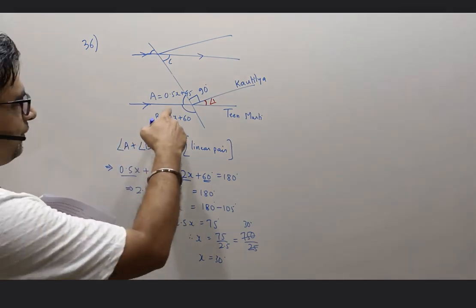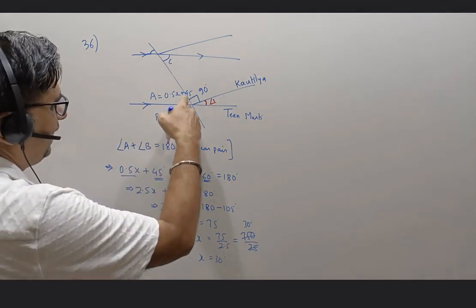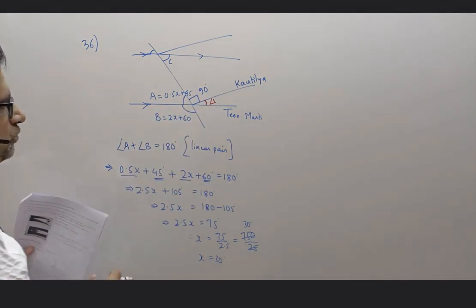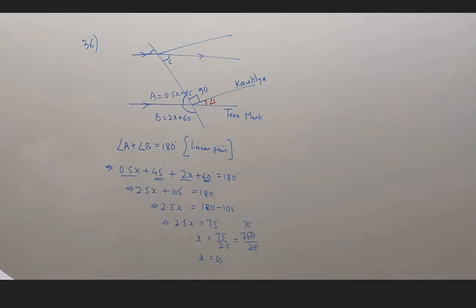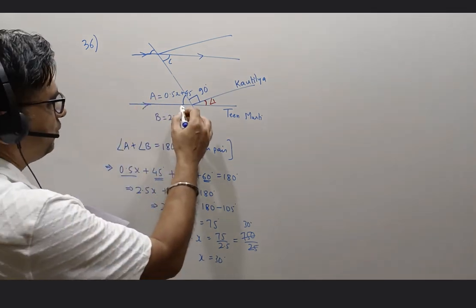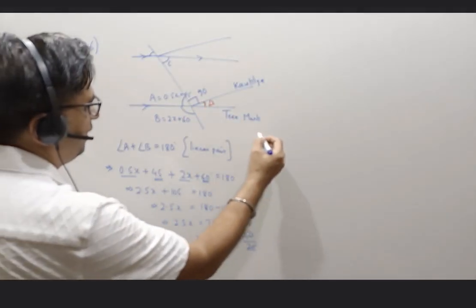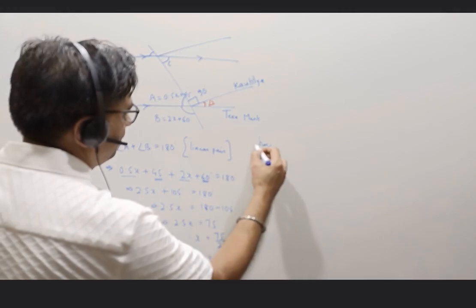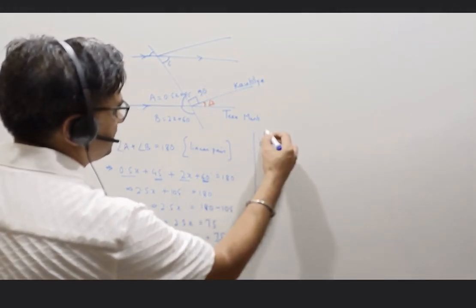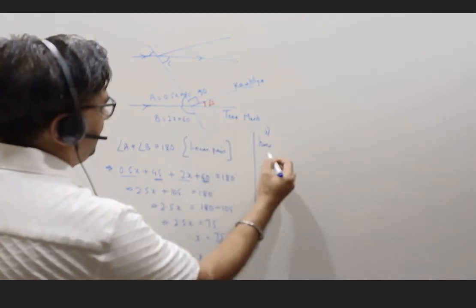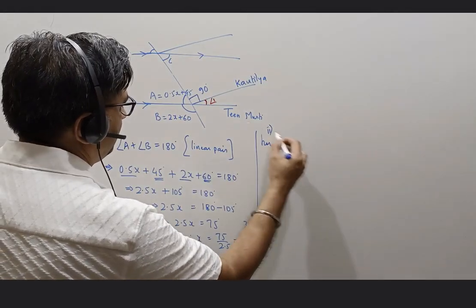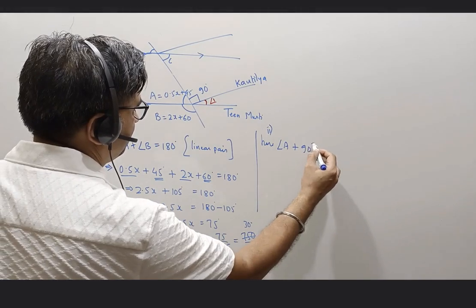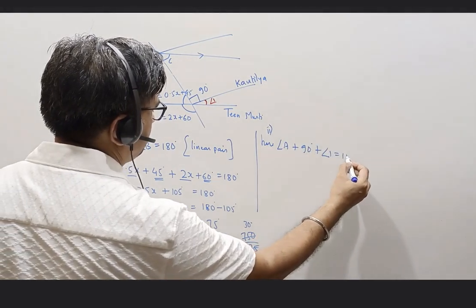Now you see that this angle A plus 90 plus 1 is a linear pair. Sorry, it's not a linear pair. There are three angles. So 90, this angle A here, this is for the second bit here, angle A plus 90 degree plus angle 1 is 180 degree.